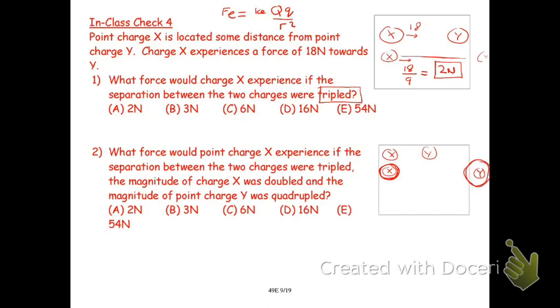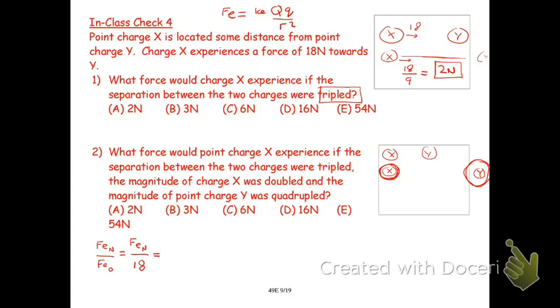What you do there is, again, you've got to know the equation, but you say the new electrical force over the old force. We don't know the new force, we're trying to find it, but we do know the old force, so let's write it in. The old force was 18.